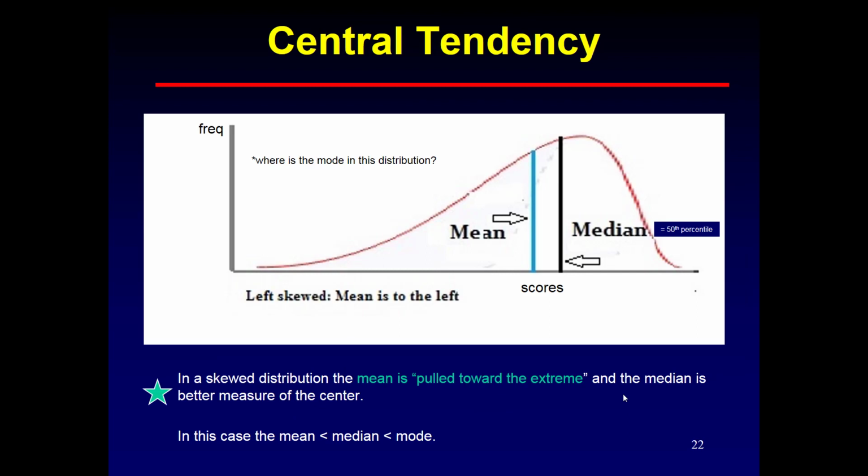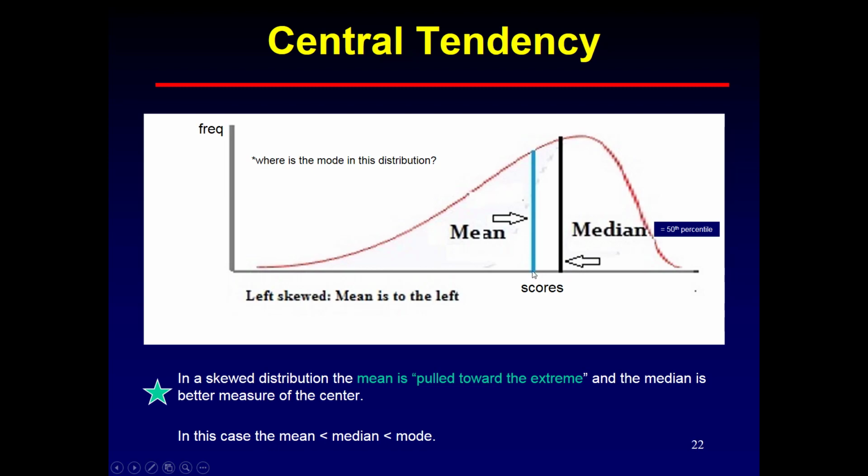That will not be the case when you have a skewed distribution. Here we see a negatively or left skewed distribution. And the mean, remember, the score that corresponds to the mean is going to be down here. It's pulled to the extreme. If you have a couple of students who score very low on the exam, that mean is going to be pulled in this direction.